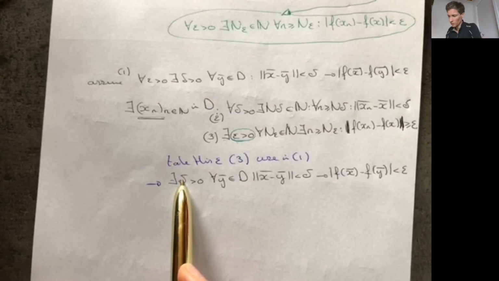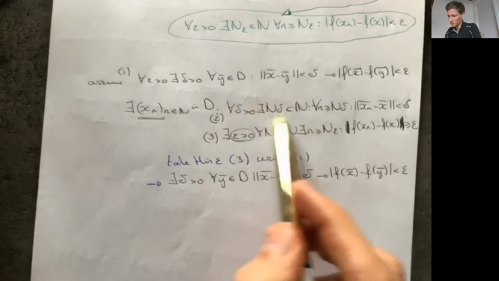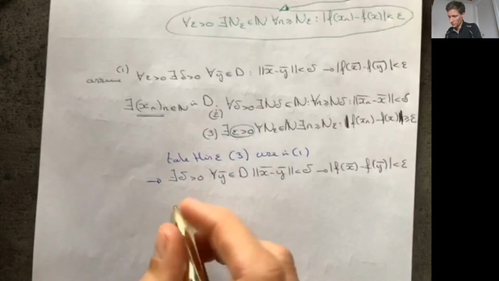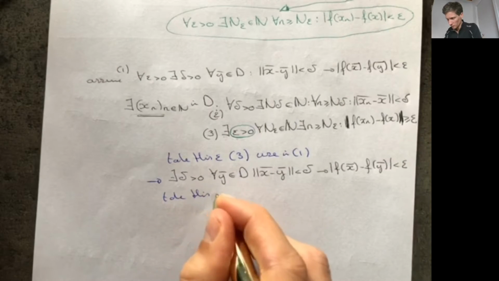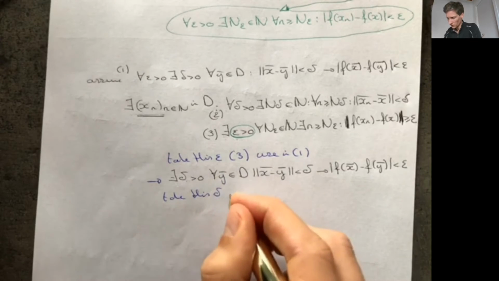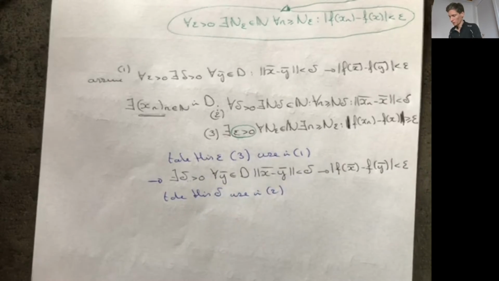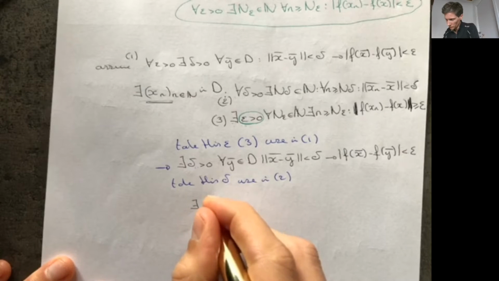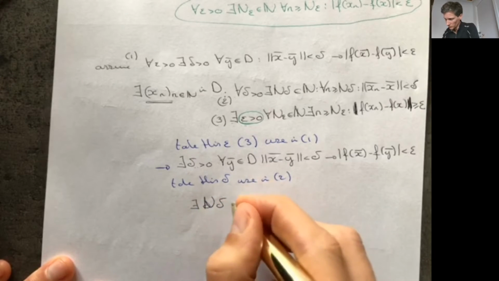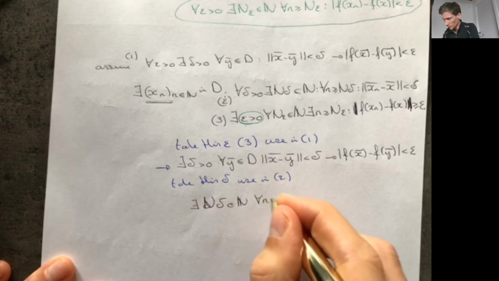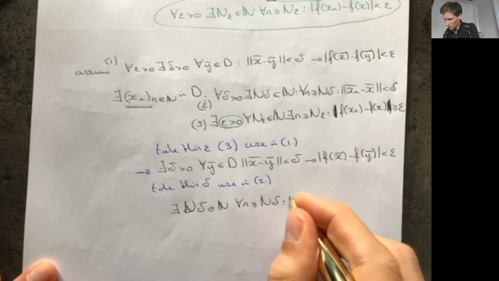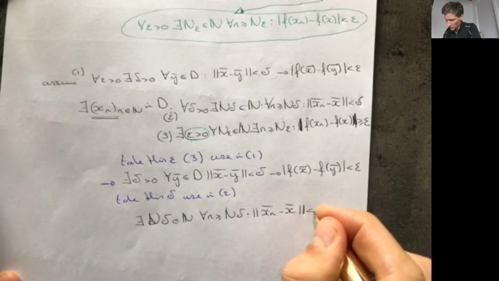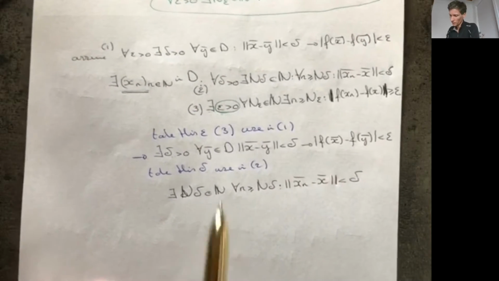Now we have found the delta here, and then we know that 2 holds for every delta. So we can use this delta and plug it into this here. So take this delta that we have here and use it in 2. What do we find if we do this? Well, we find that there exists an n_delta in the natural numbers, such that for all n greater or equal to this n_delta, |xn minus x| is smaller than delta.